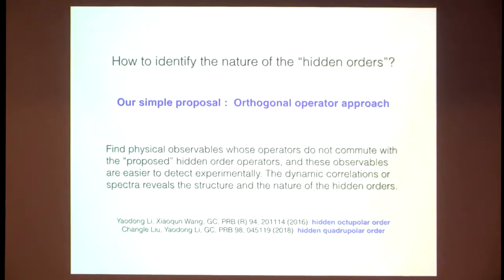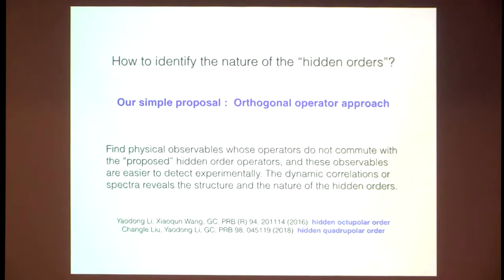So you can measure the correlation function of this physical operator, and this dynamic correlation function, or the spectra you measure, will reveal the structure and underlying nature of the hidden order. This kind of thought has been illustrated for hidden octupolar and quadrupolar order in triangular magnets in 2 papers of ours.